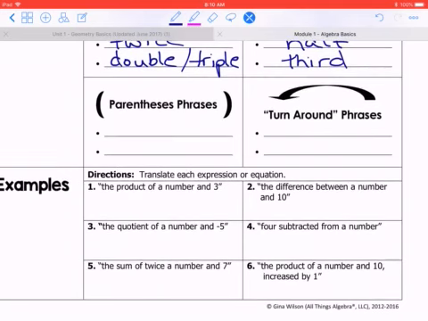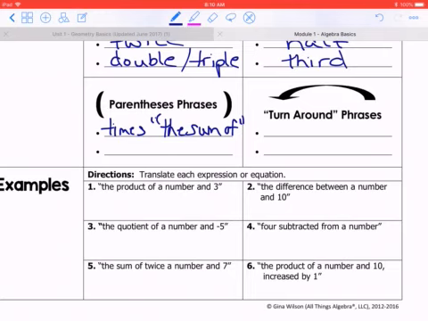All right, so then a few things so that we can work with our grouping symbols. Parentheses phrases. Like if it says times and then it has the sum of, this is going to let you know that you're going to need parentheses.